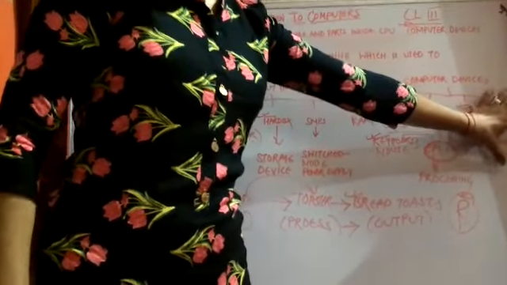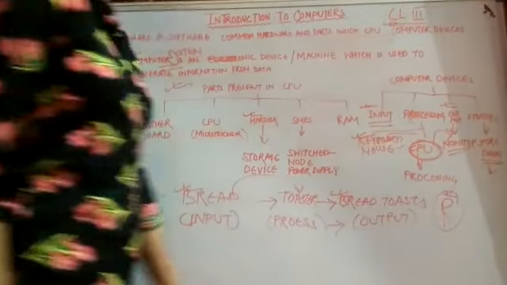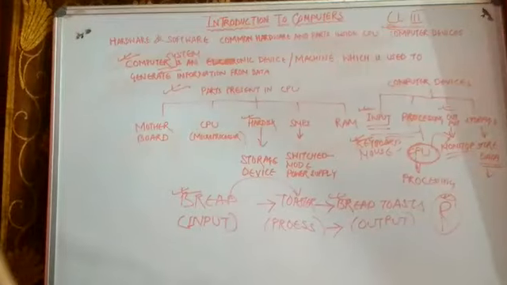Okay, the storage device is used to save data for a longer period of time. That means after completing a task, you will need to store this data to use it for your later purpose. Okay. So now next we are going to learn about software.